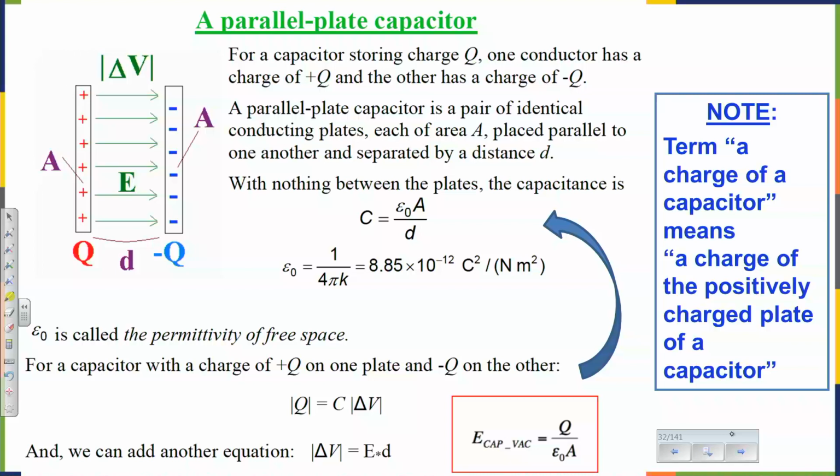And another thing good about this, we know how to calculate the electric field. It's supposed to be almost uniform, and we know everything about uniform electric field. We know how to relate potential difference between the plates, distance between the plates, and electric field strength. This. And we know that electric field strength is related to the amount of charge and the area of the plate.